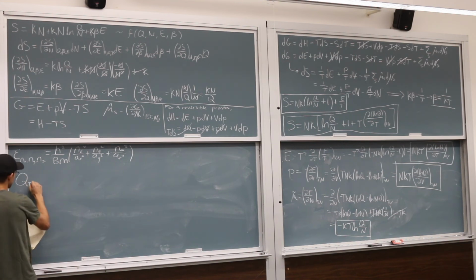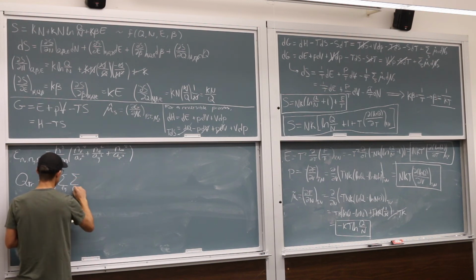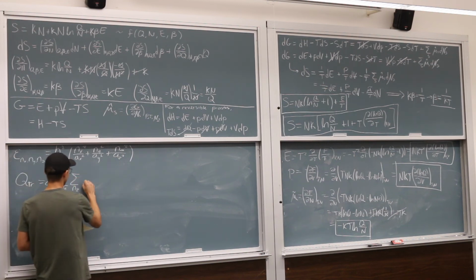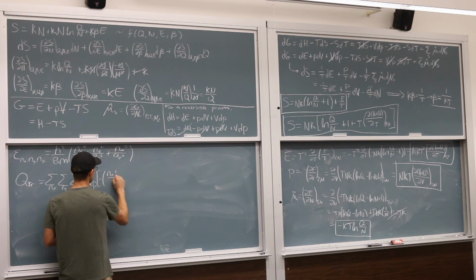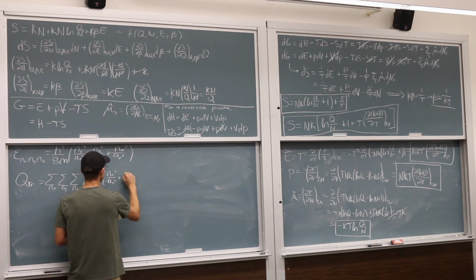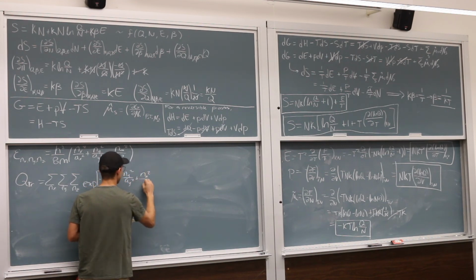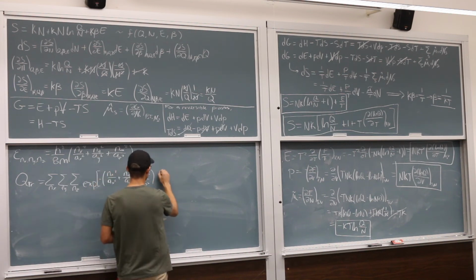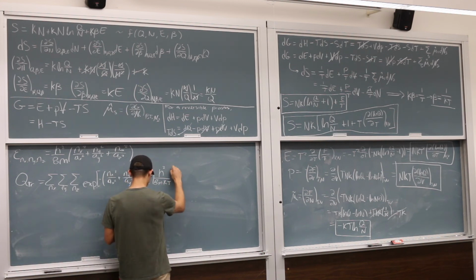And so then for our partition function, let's just sum over all the energy levels. Our partition function, we'll call it q translational, is the sum over nx, the sum over ny, the sum over nz, of the exponential of minus nx squared over ax squared plus ny squared over ay squared plus nz squared over az squared, times h squared over 8m, times beta, which is 1 over kT, which we found.